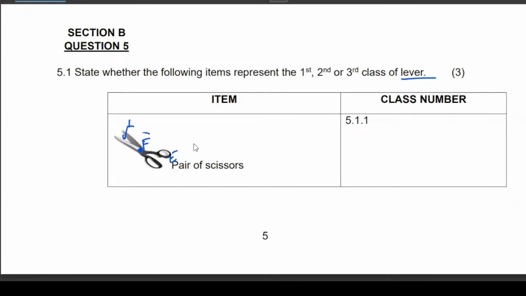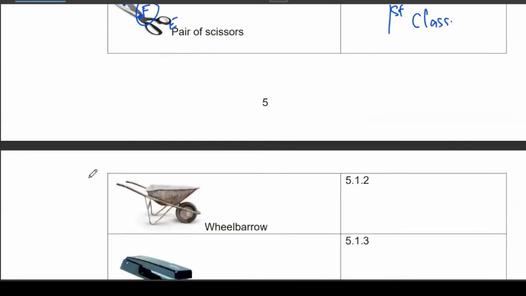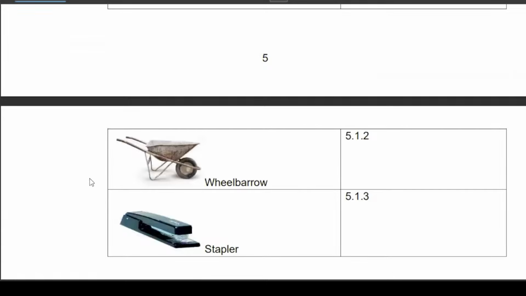So for as long as the fulcrum or the pivot is in the middle, that is a first class lever. Okay, and then 5.1.2, a wheelbarrow. With the wheelbarrow, where do we find the load? We know that the effort is there, the load is in the middle, the fulcrum is at the end here. So for as long as the load is in the middle, that is a second class lever.